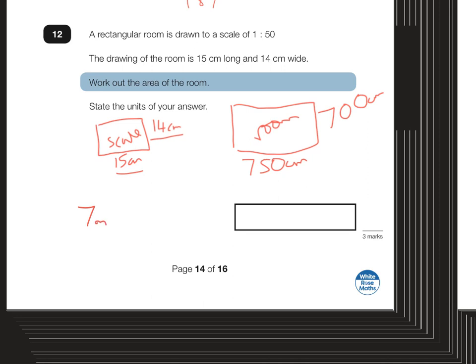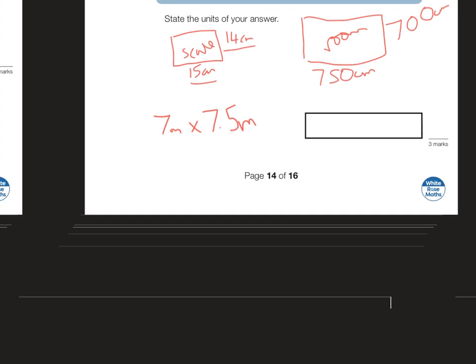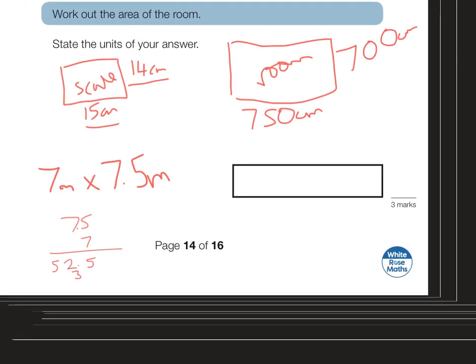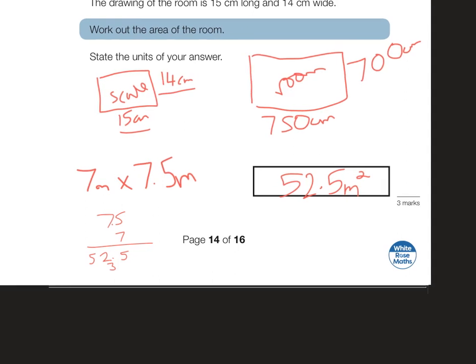So I've got 7 metres times 7.5 metres. Okay, and so I'm going to do 75 times 7, 5, 3, 49, plus 3 is 52, and it's 7.5, 52.5 metres squared for area. So I don't think anyone answered it that way, even those who did it correctly. So change the units first before multiplying them.